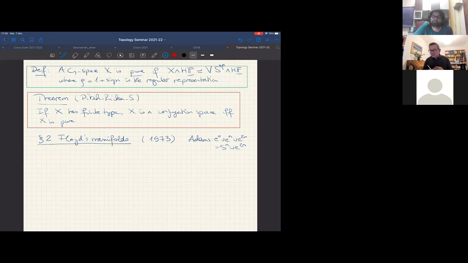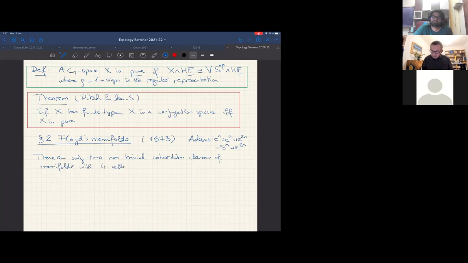And Floyd looks at manifolds with few cells, but more than that. And he actually manages to prove that there are only 2 non-trivial cobordism classes of manifolds with 4 cells.